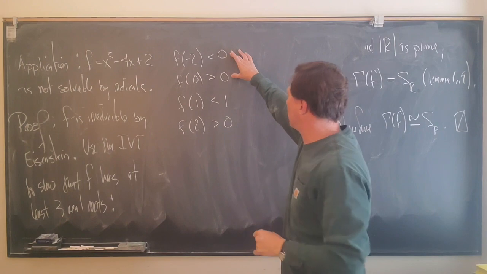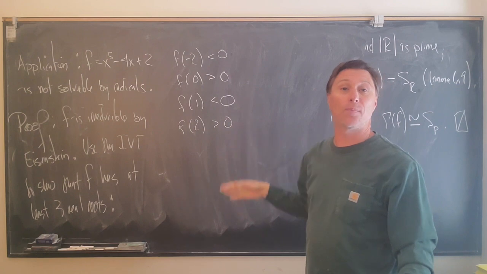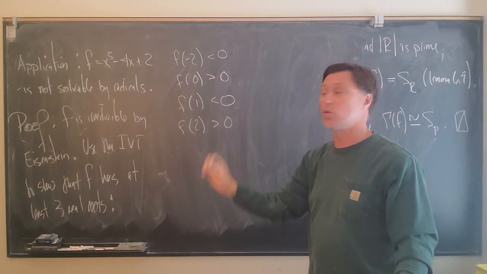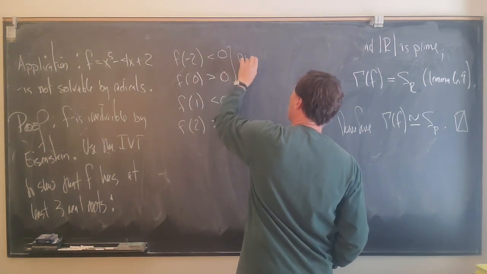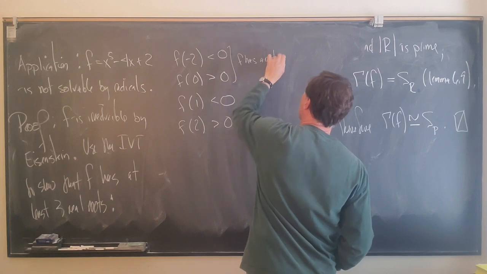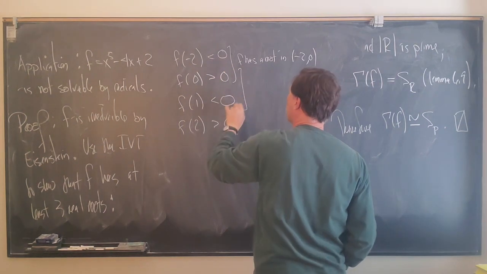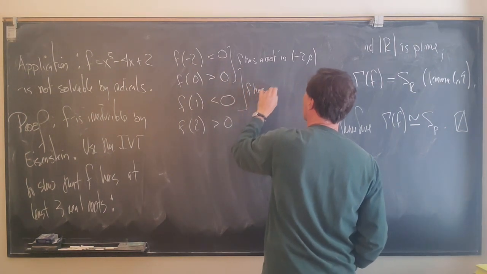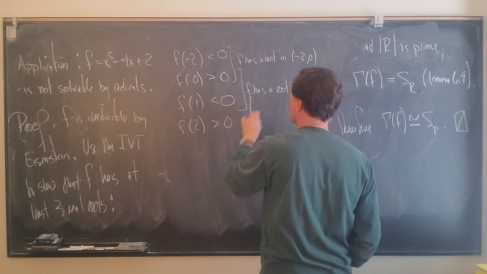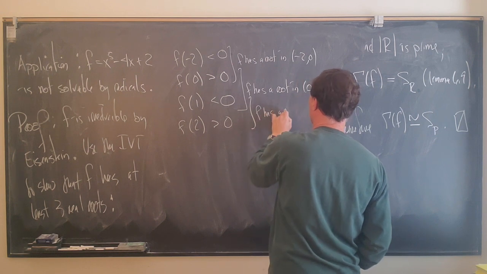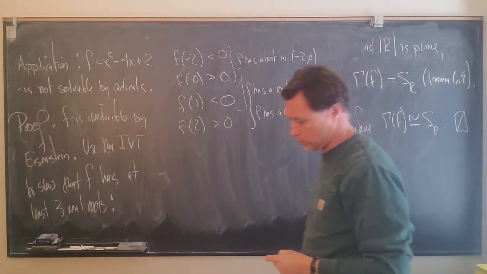Each time we get a sign change, positive to negative or negative to positive, we're guaranteed to have a root lying within the interval. So this tells us f has a root in the interval from minus 2 to 0, a root in the interval from 0 to 1, and a root in the interval from 1 to 2.